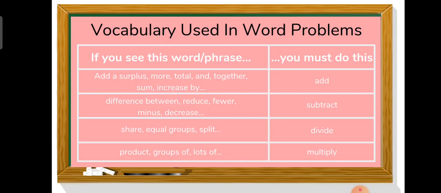When you see the words difference between, reduce, fewer, minus, decrease, you need to subtract. When you see the words share, equal groups, split, you divide. And when you see the words product, groups of, lots of, you need to multiply.